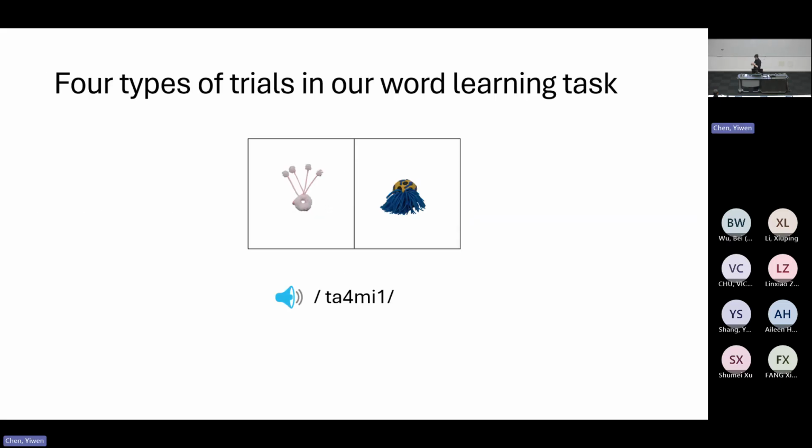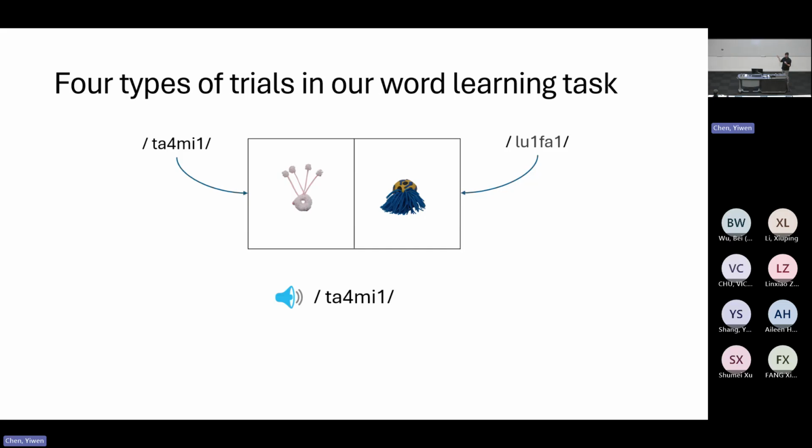So let's go back to the task. That actually means in the task, there are 4 types of trials. The first one is the most basic version. So for example, you see the 2 objects, and you hear Tami. And the words that are associated with the objects, you always hear just one word, right? But the word on the left, that's really associated with Tami.